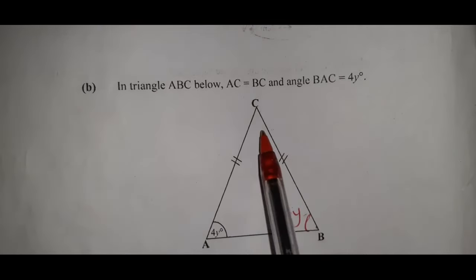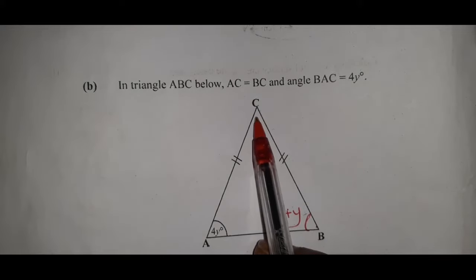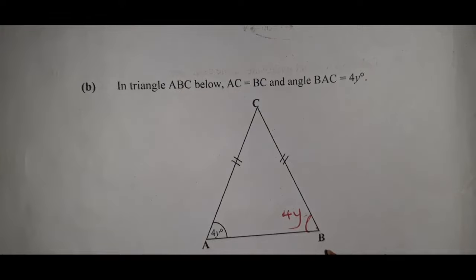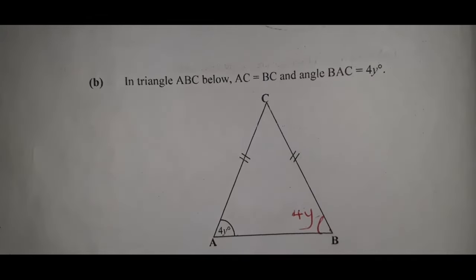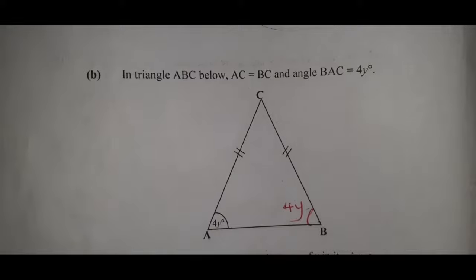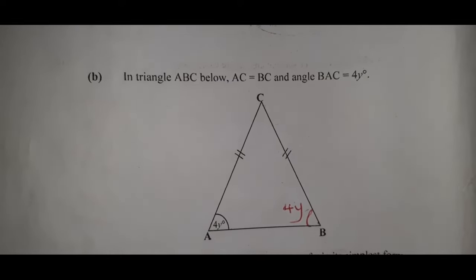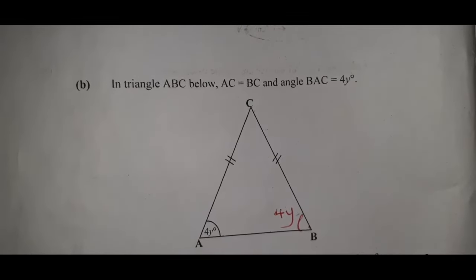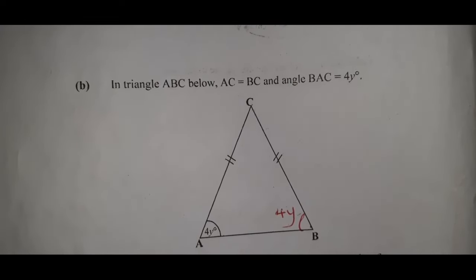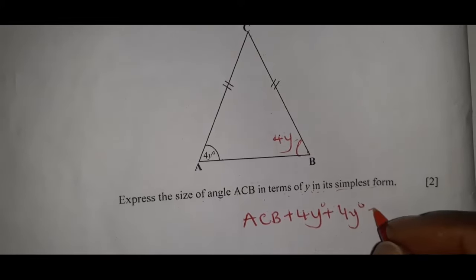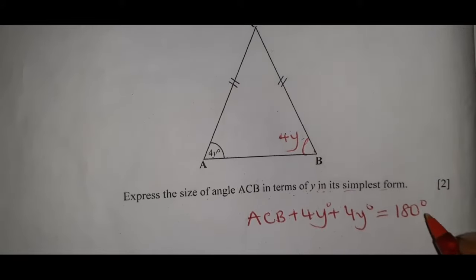Okay, so this angle here, we know that angle ACB plus 4y plus 4y degrees should give us 180.